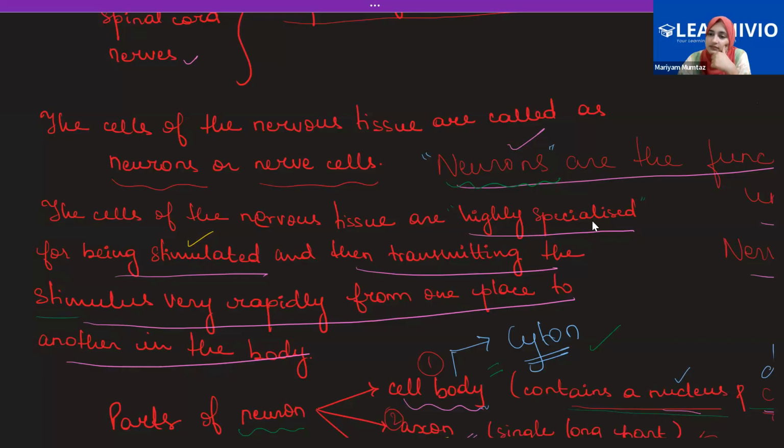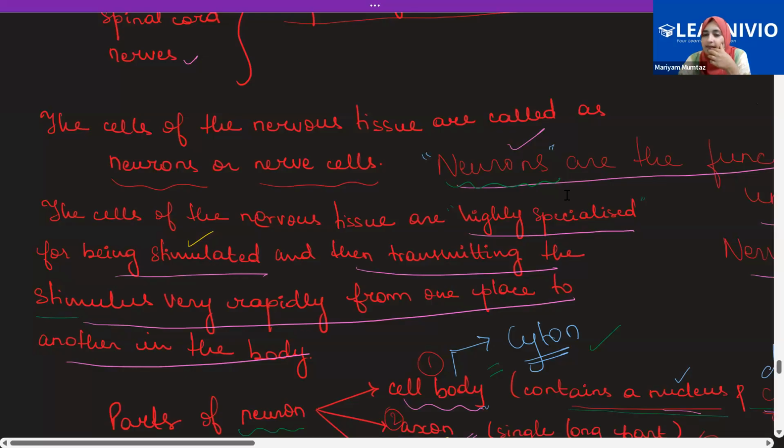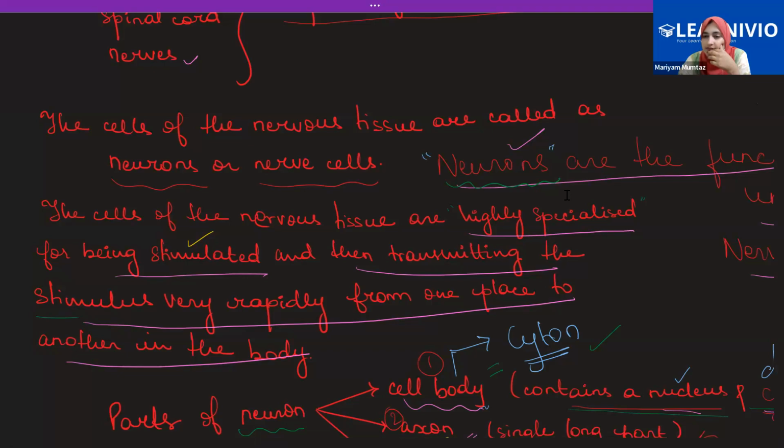Any doubts? Yes, Suleiman? Ma'am, just now, at the start, you told us neurons are responsible for what? Can you say again? Neurons are the building blocks of our nervous system. Meaning, millions of neurons are there, and only then will the nervous tissue and the nervous system be made.